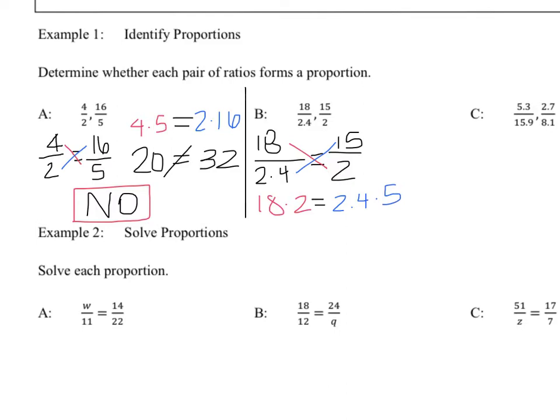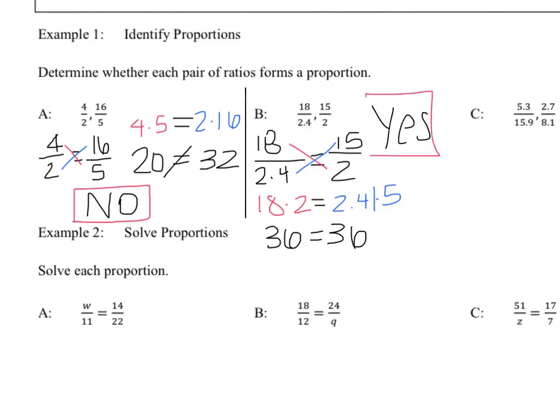Well, 18 times 2 is 36. 2.4 times 15, so I forgot my 1 there, sorry. Well, 2.4 times 15 equals 36. So the answer to B is yes, that is a proportion, as long as the cross products are equal.